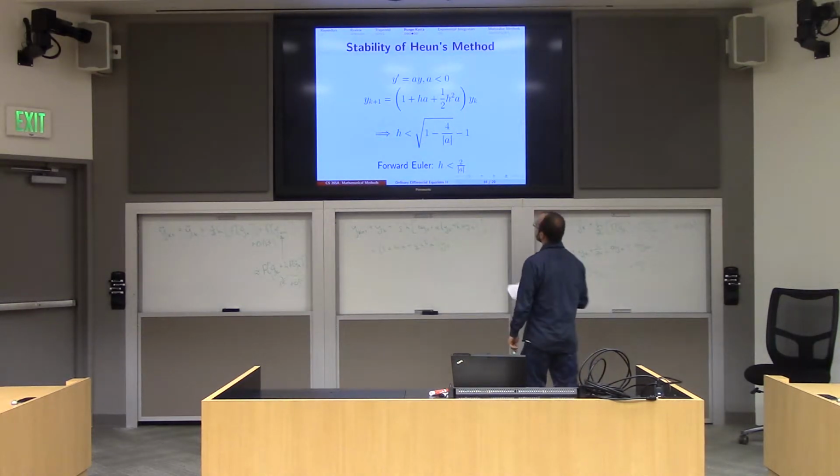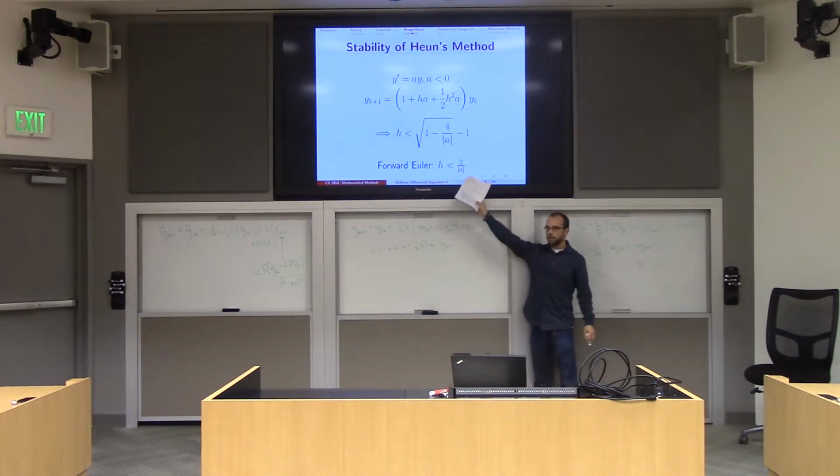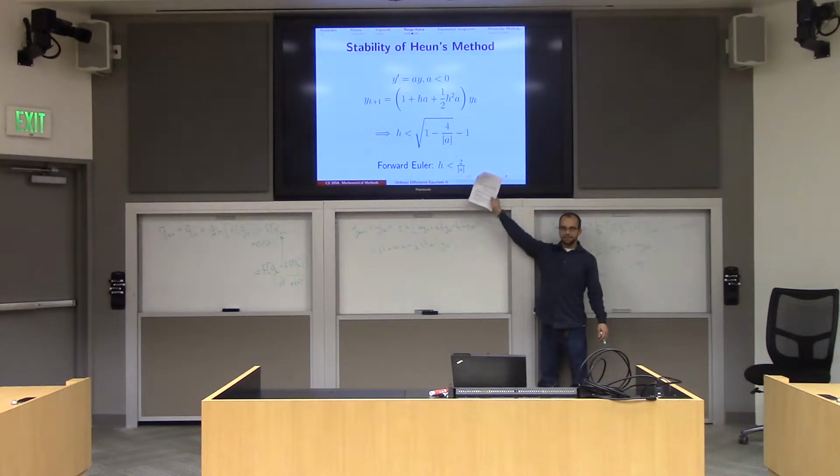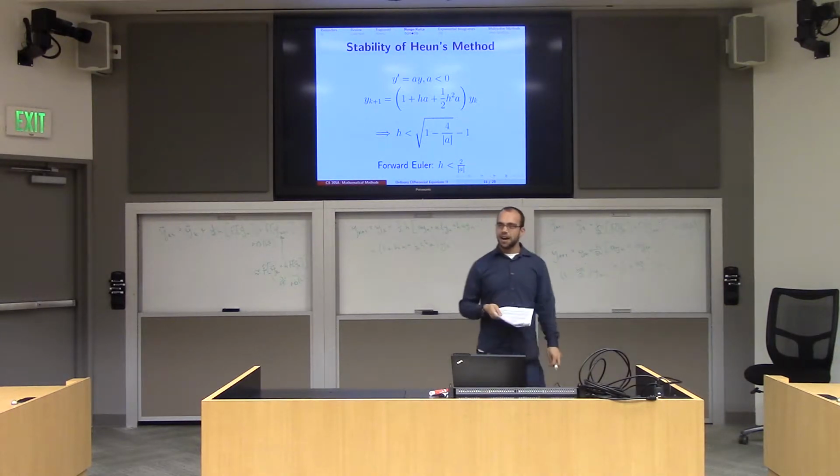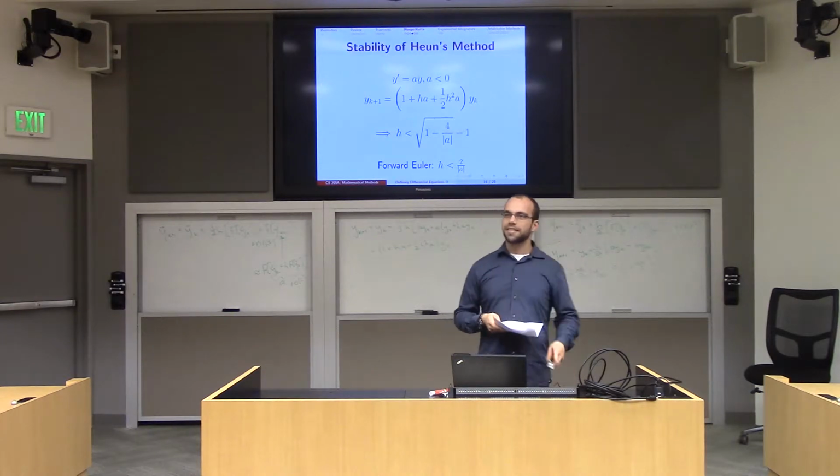Forward Euler looked like 1 over a, 2 over a in fact. This thing kind of looks like 1 over the square root of a. This is not necessarily a good thing. In fact, Heun's method is even more difficult to make stable.